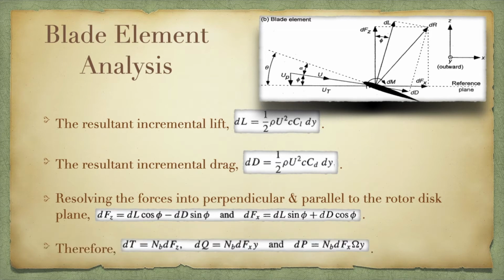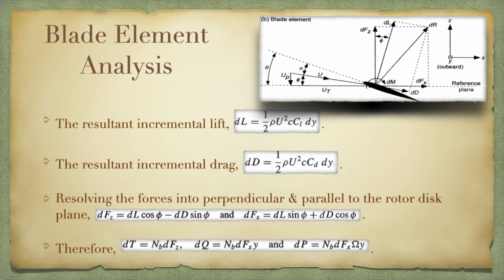Therefore, the contributions to the thrust, torque and power of the rotor are dT equal to Nb dFz, dQ equal to Nb dFx times y, and dP equal to Nb dFx times omega y, where Nb is the number of blades comprising the rotor.